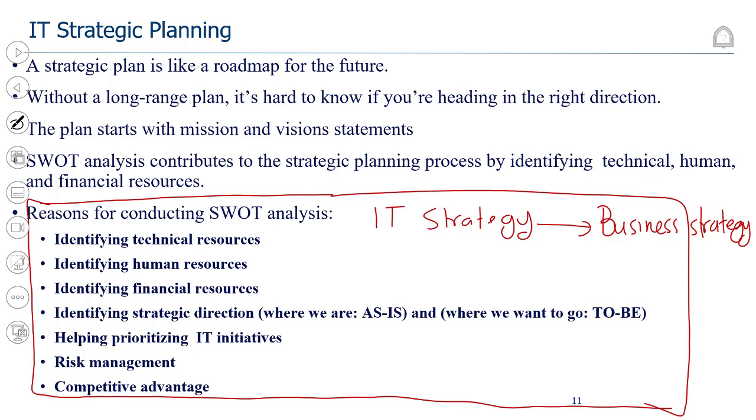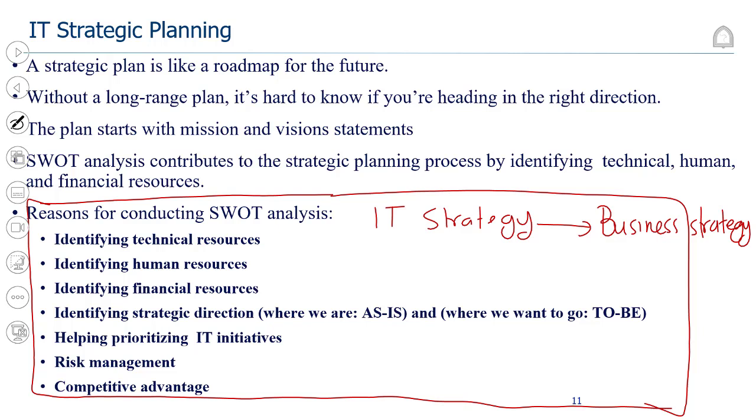They'll set their goals, their objectives, and everything else. Then they'll come to us and ask, how can IT help us meet this business goal? How can IT aid us? At that moment, we can talk about IT strategy: how are we going to employ IT to help the business achieve its goals?